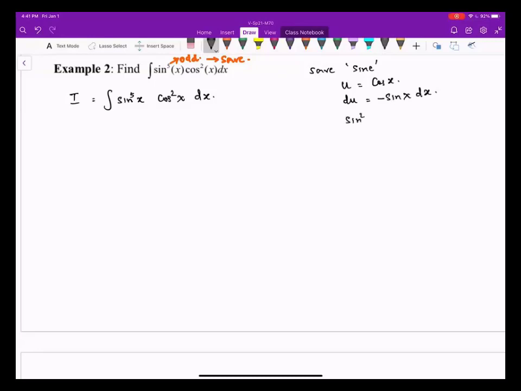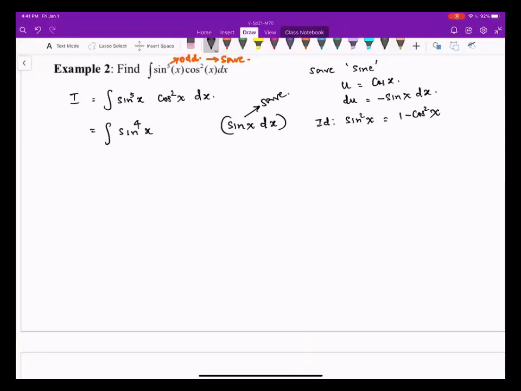Then we are going to use the Pythagorean identity sine square x equals 1 minus cosine square x. So it is the integral; cosine square is u square. Then we are going to save a sine. Because out of the 5 we are saving one sine, we write it like that. This is the one which is getting saved. So sine to the power 5 is written as sine to the power 4 times sine.